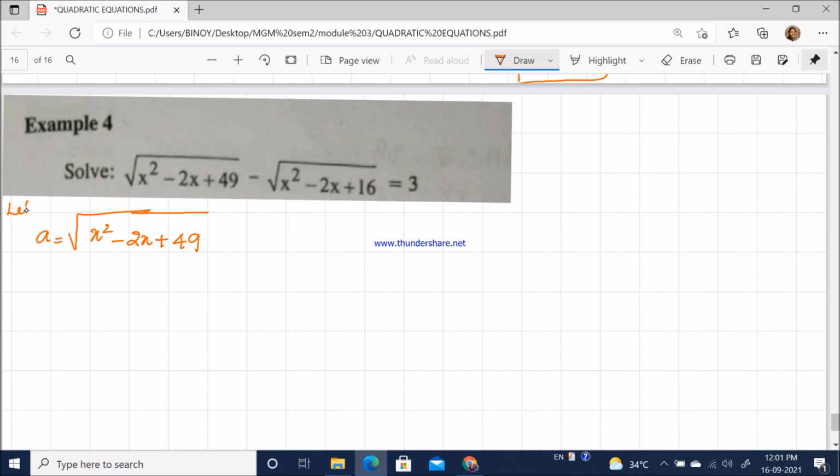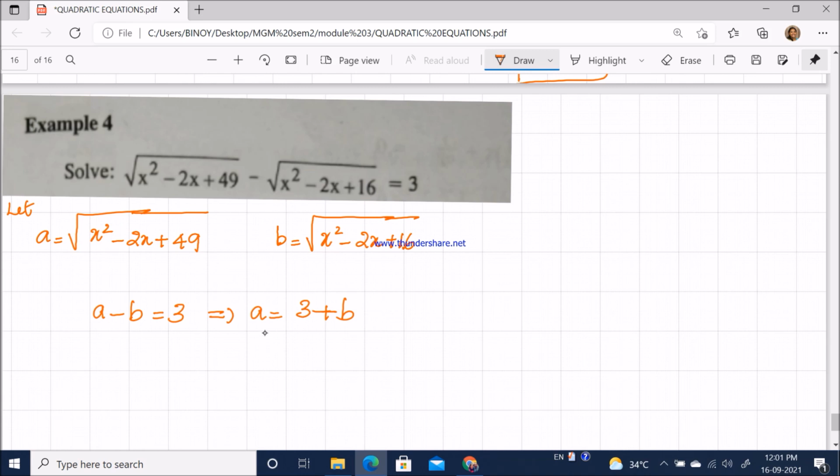So let a is equal to root of x square minus 2x plus 49 and b is equal to root of x square minus 2x plus 16. So we substitute the roots into a and b. So the equation is a minus b is equal to 3, which implies a is equal to 3 plus b.